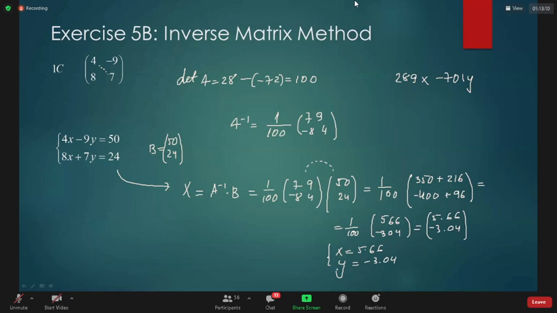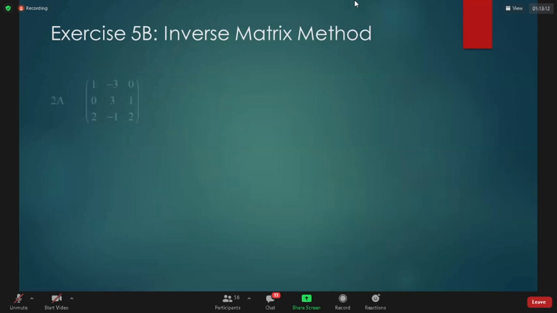However, in the test, you will have a 3 by 3, so we have to do the inverse matrix method properly. You may choose how you find the inverse matrix. Cofactor method works very nicely, or you could use this double matrix thing and try to change it into the unit matrix. That's an option always. But let's just do the cofactor method.